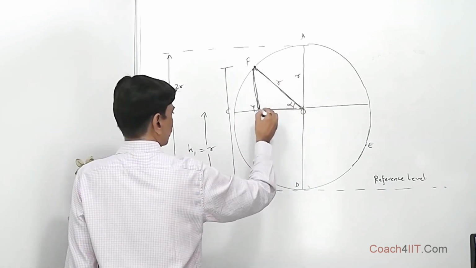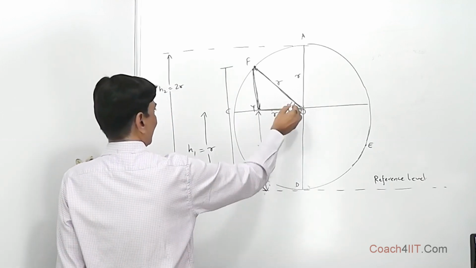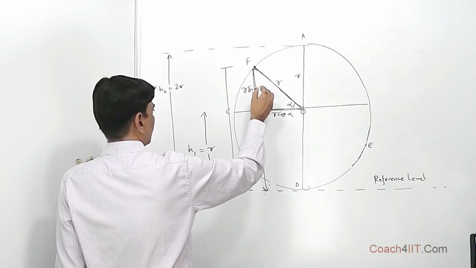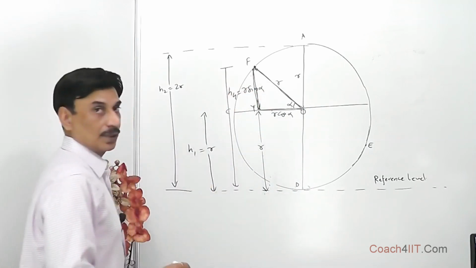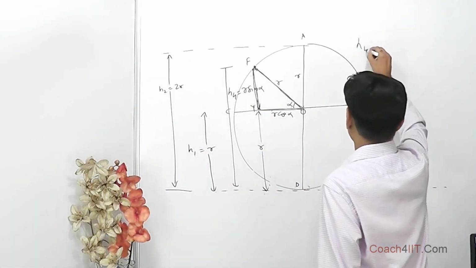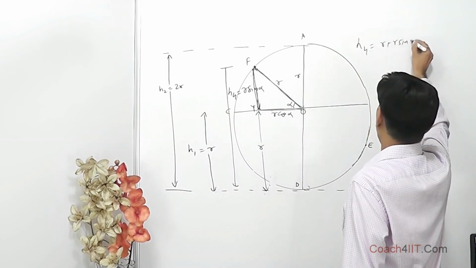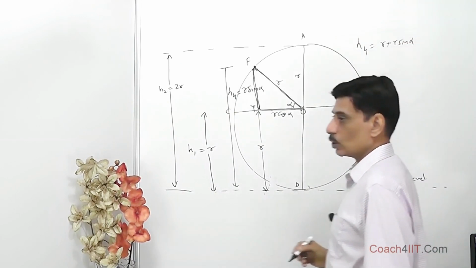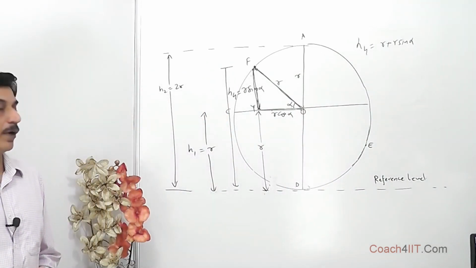So this side comes out to be R cos alpha, and the opposite side comes out to be R sin alpha. Let's call the height H4. So H4 is R plus R sin alpha, and this way we can find the height of various points from the reference level.